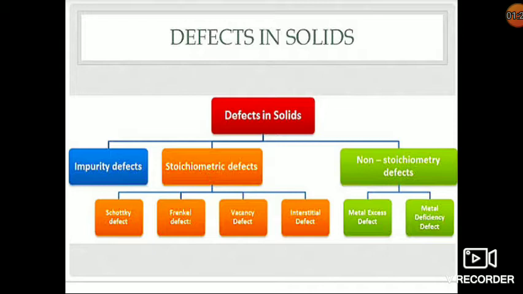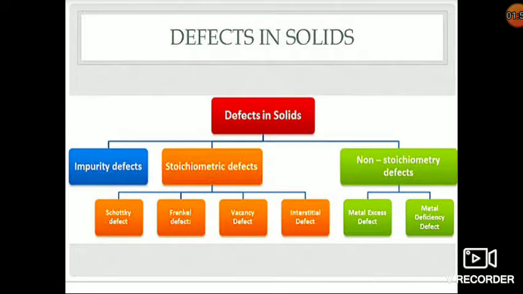A line defect means that a whole row of atoms, molecules or ions in the solid has anomalies, a complete defect in a row or column. We don't need to bother about the line defect, but we have to consider the point defect as it is in your course.